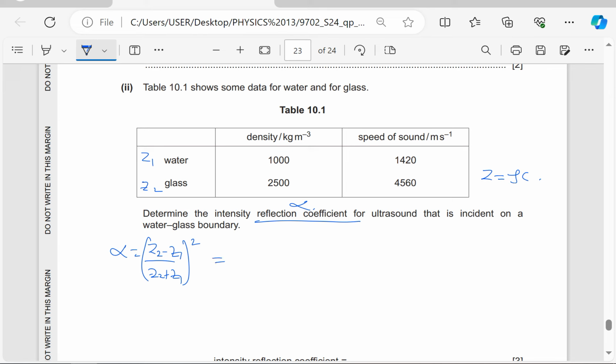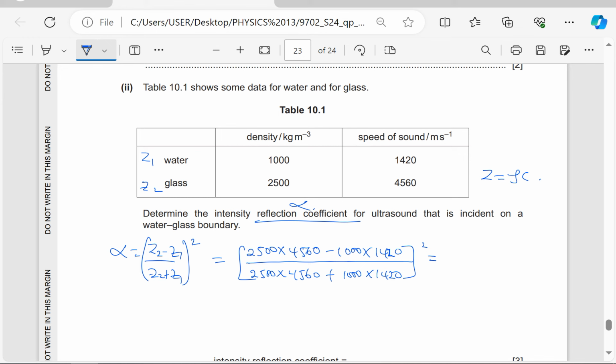So this is going to be Z2, which is 2500 times 4560, minus 1000 times the speed, which is 1420, divide by 2500 times 4560 plus 1000 times 1420. Remember, this should be squared.